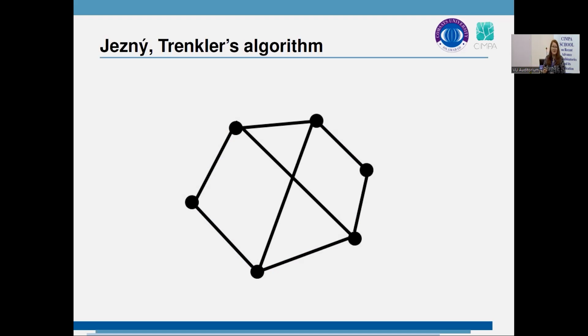Okay. So what we will do? We will start with a graph with, at the beginning, no edge labels. Say every edge has label 0. And now what we would like is to have, at the end, every edge labeled with a different number. So first, what we will do?